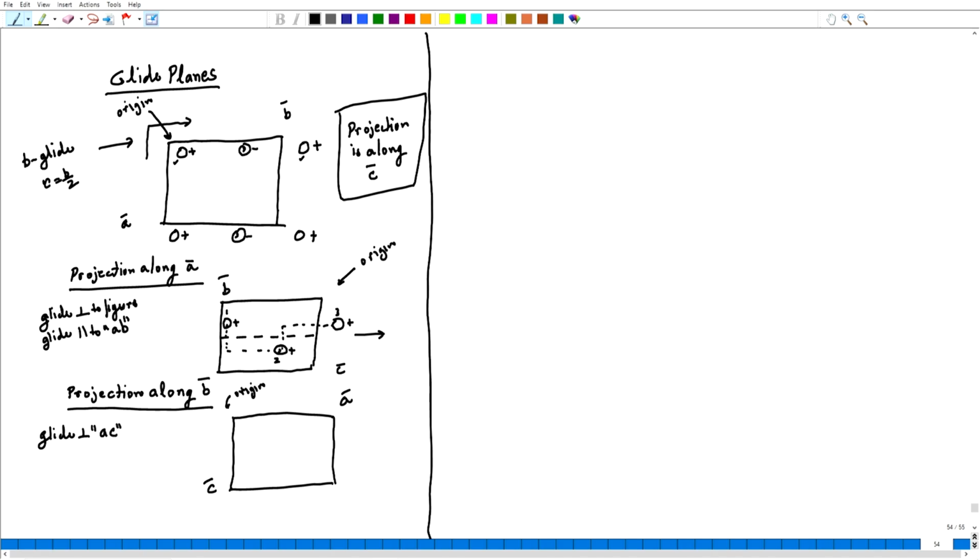By just looking at the figure, one can make out that that is the particular glide translation, that the orientation of the glide translation should be such.